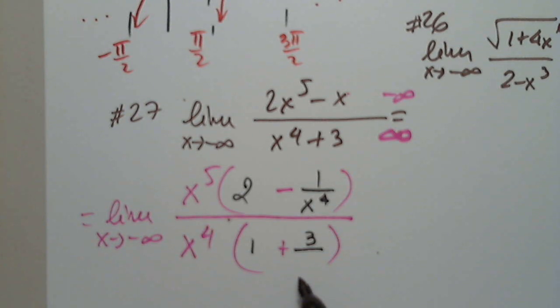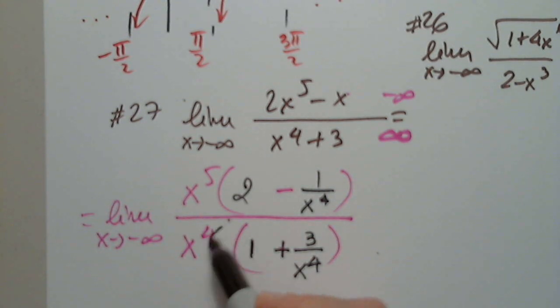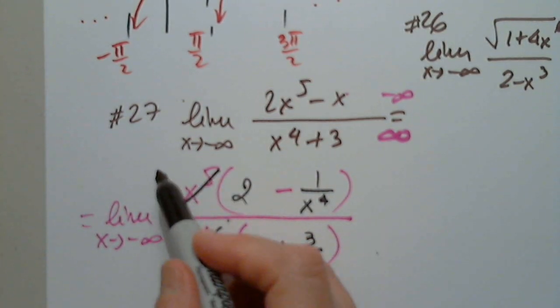Three over x to the 3rd. Good. x to the 4th. Perfect. Good. I was dying to do this.